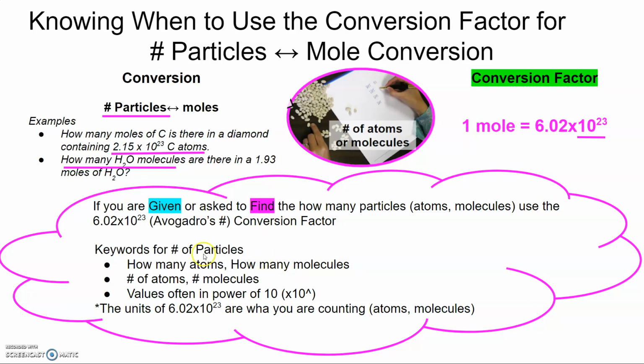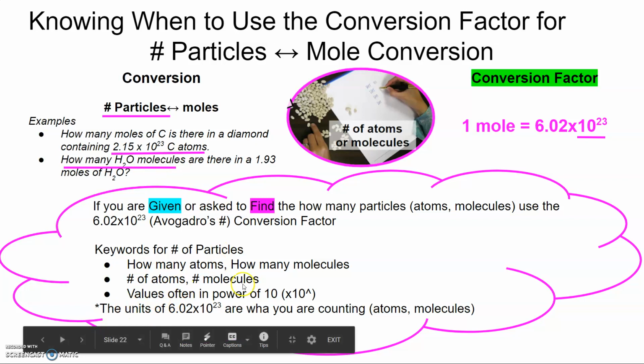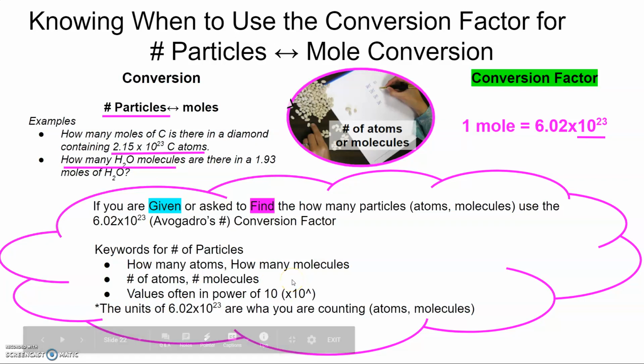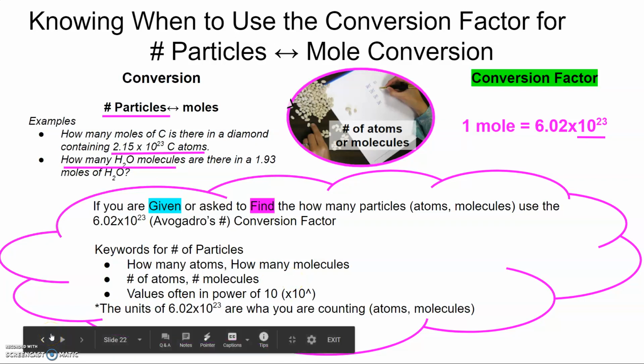You'll also see that the values are often written in powers of ten, as in here. And in this case, you want to make sure that you understand that you're actually counting atoms and molecules in these problems.